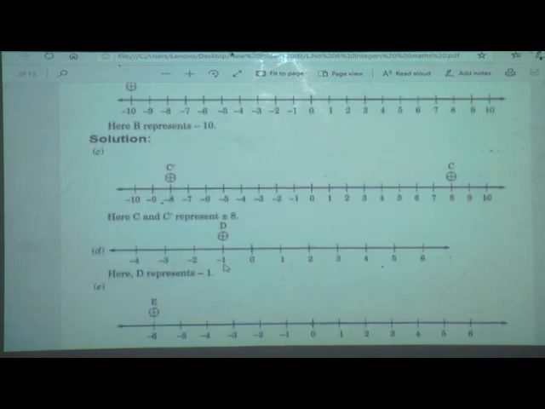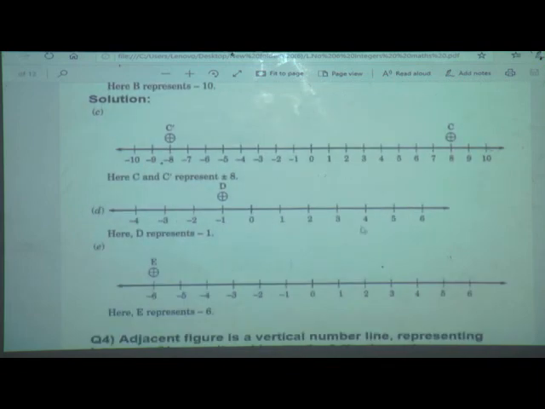Okay. Next question. We have to represent minus 1 here. So from 0, if we move towards left side 1 step, we get the point minus 1 and name it as D. So D represents minus 1 here. Next, this is the number line. We have to represent minus 6.